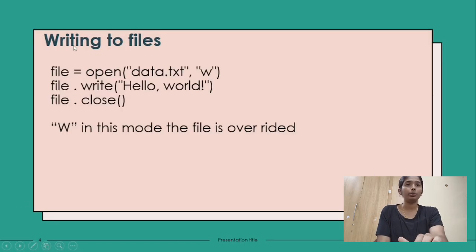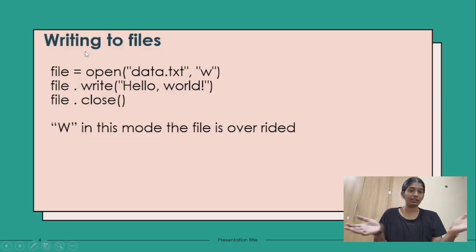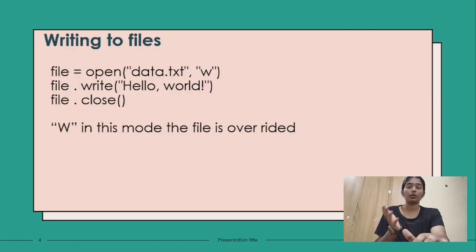Coming to writing to files, let us see how to write in files. For everything, you first need to open the file. We have seen how to open that file. Then for writing, this is the syntax we use. Sorry, I forgot that we should open the file in this W mode.